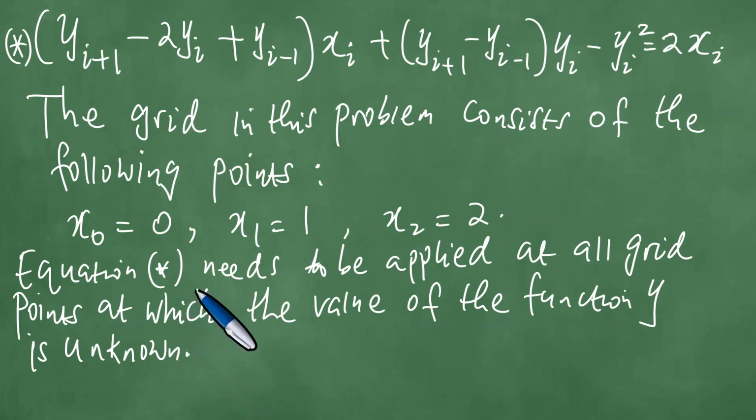So we're saying equation star needs to be applied at all grid points. We're going to apply this at all the grid points at which the value of the function y is unknown. Obviously, we are dealing with many points where the value of the function is unknown.